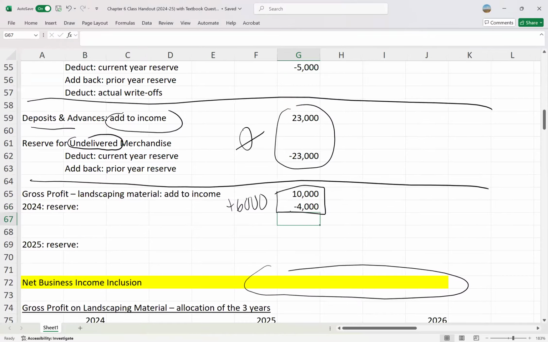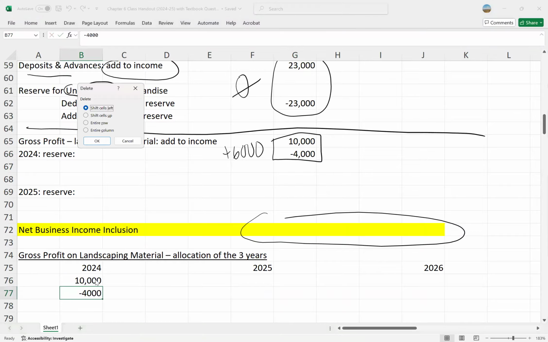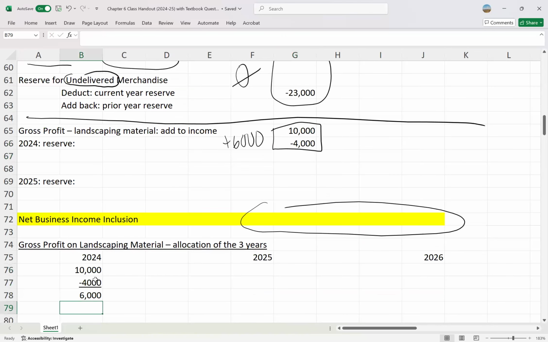What I'm going to do is down here, I'm going to track the amount we're including for each year. So we're going to take a reserve of 4,000 in the first year. And so once again, the net amount that we're including for the first year will be 6,000. Just what I want to show you how that 10,000 will be brought into income over the 3 years.